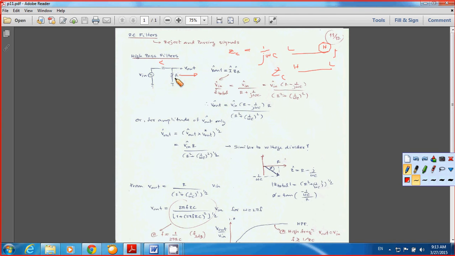So that's why you cannot have C down here, because with higher frequency, you have the lower impedance, and your output is directly proportional to your impedance. But for the low pass filter, you definitely are going to see that you probably put your capacitor down here. Okay, so just think about this one.